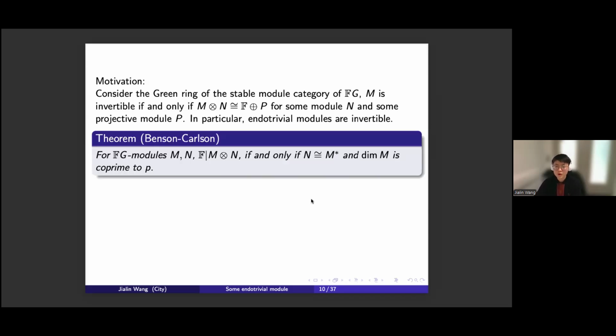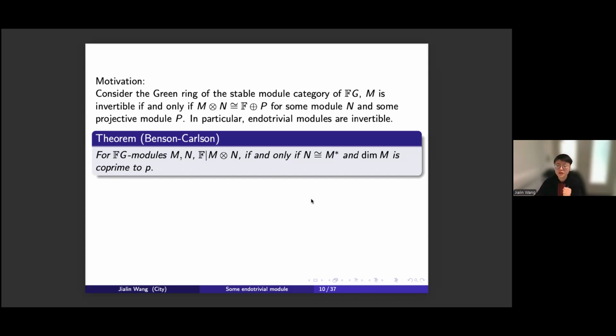Now, furthermore, by a theorem of Benson and Carlson: take two modules M and N, then F is a summand of M tensor N if and only if N is exactly the dual of M and the dimension of M is coprime to p.